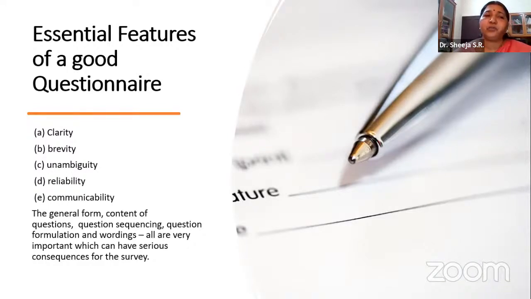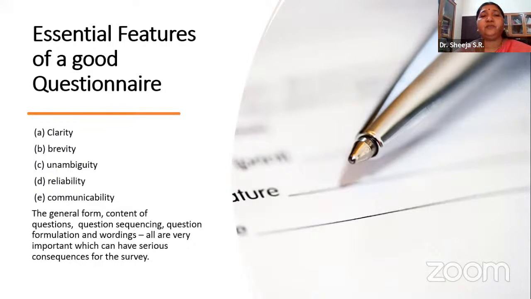It must be unambiguous. There should not be any ambiguity. Then it should be reliable, and we must be able to communicate our ideas with the respondents in a clear way. You must remember that the general form, the content of questions, question sequencing, question formulation, and wordings, all these are very important.